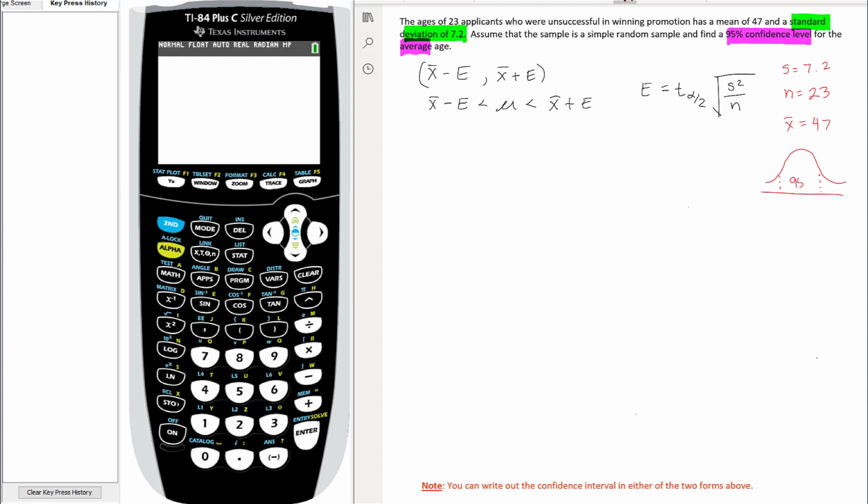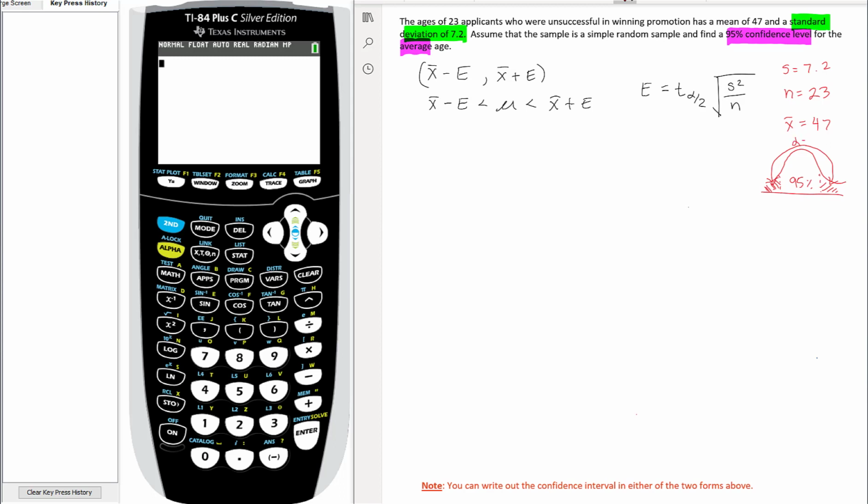If it's 95% confidence, 95% goes in the middle of the distribution. Then what we're going to do is find the area on the outside of this distribution. If the middle is 95%, the rest of this is 100% minus 95%, because the whole picture would be considered 100%. And if the middle is 95%, the rest of this as a whole is 5%.